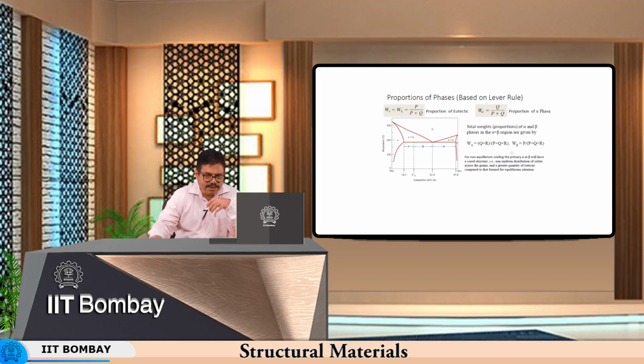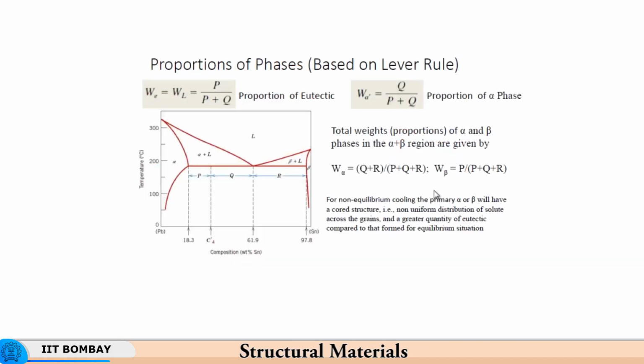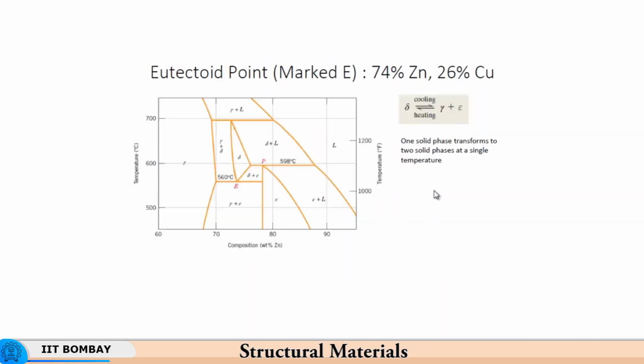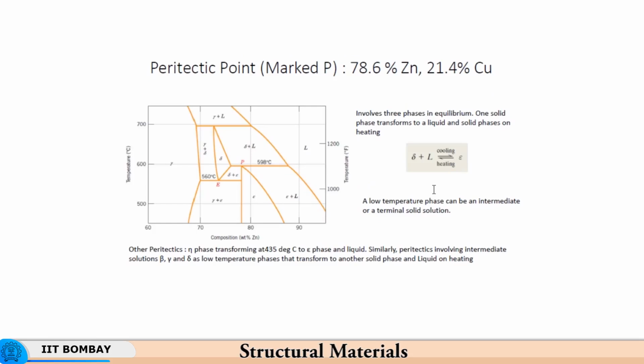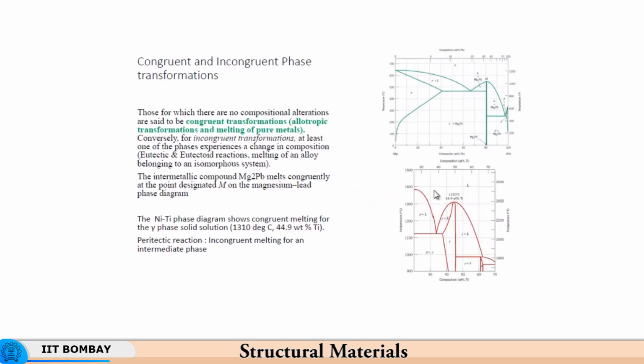Similarly, in the other case, again you have the lever arm based on this chemical composition C dash 4. So, everything on the right hand side divided by P plus Q plus R gives you the alpha, and everything on the left hand side divided by P plus Q plus R gives you the weight of beta. So, basically this chemical composition is the fulcrum. This is the point I wanted to emphasize, and we have seen many more phase diagrams with peritectic point and so on.